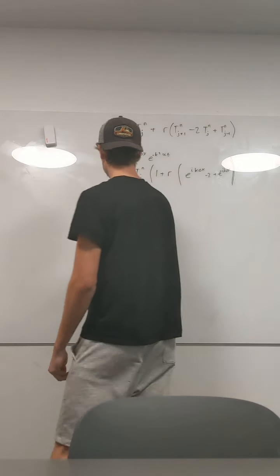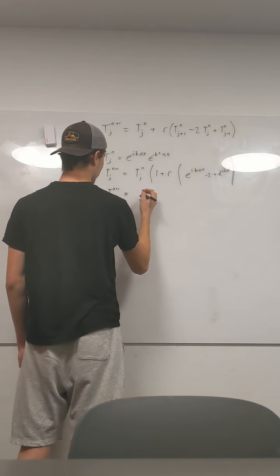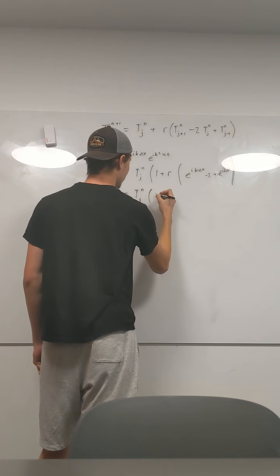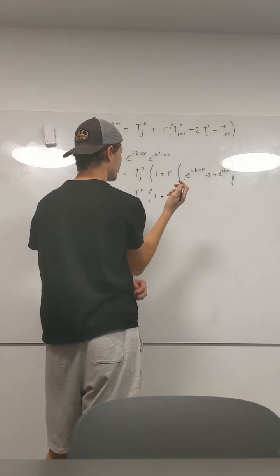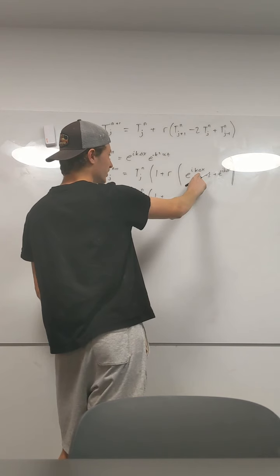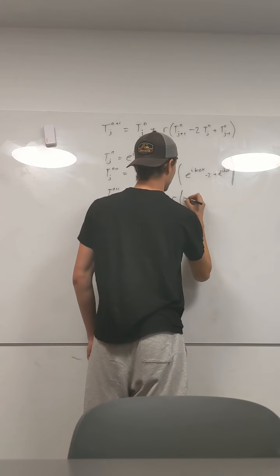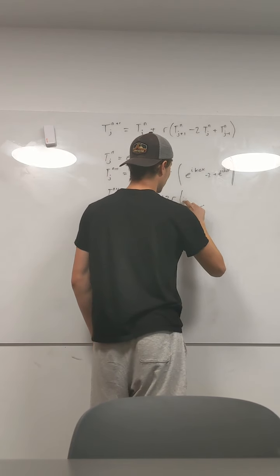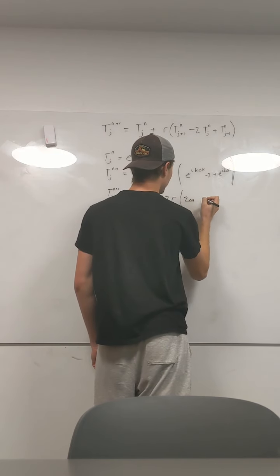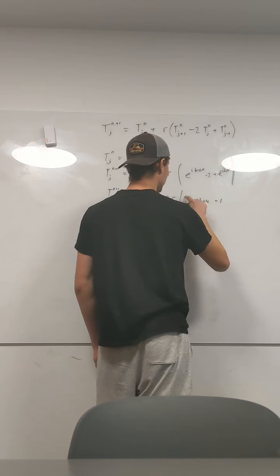So T_n plus 1 at some spatial discretization is T_n j times 1 plus, we can factor out 2 because this would be 2 cosine k change of x minus 2. So we factor that out and we get 2 cosine k change of x minus 1. It's actually very fast.